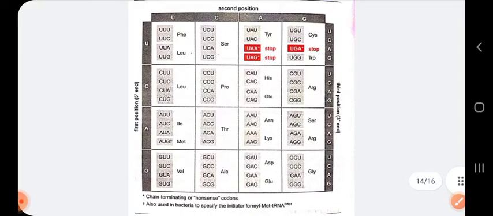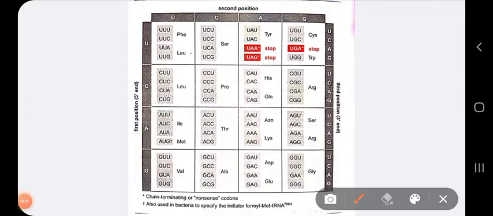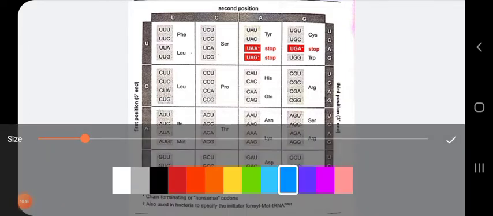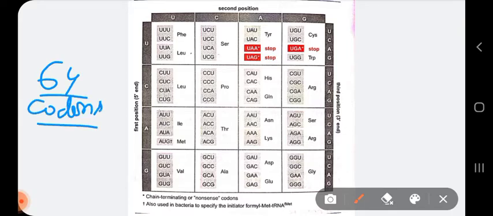You can see here in this genetic code there are many types of boxes, and the total number of codons is 64. These 64 codons are coding for the 20 amino acids.